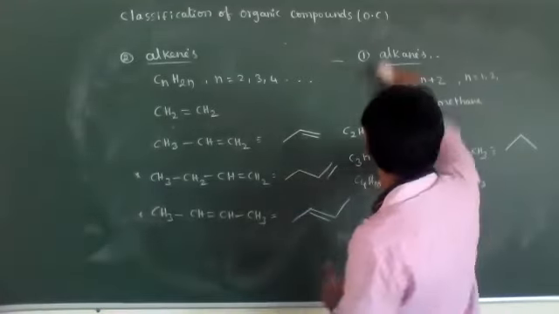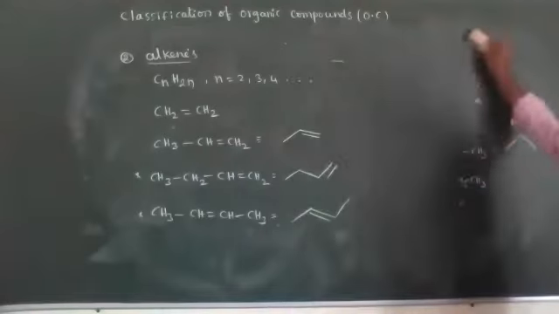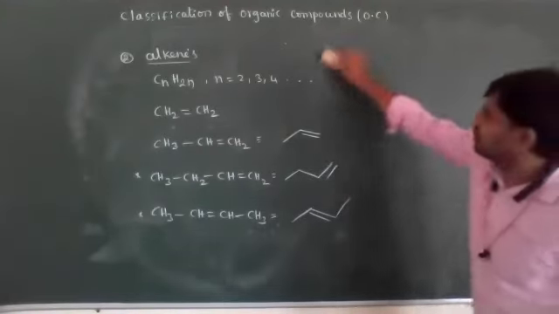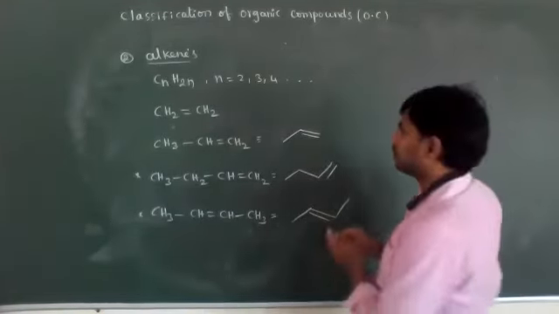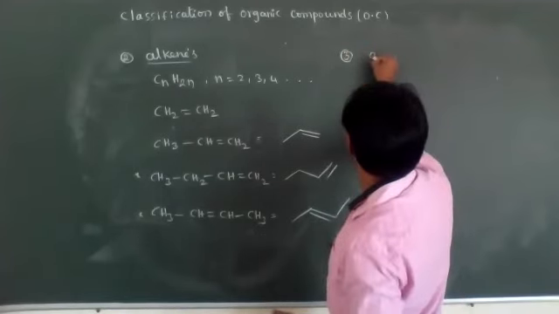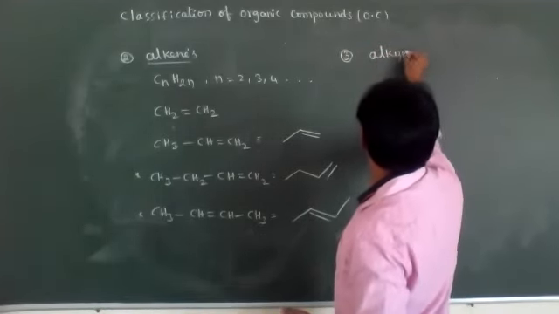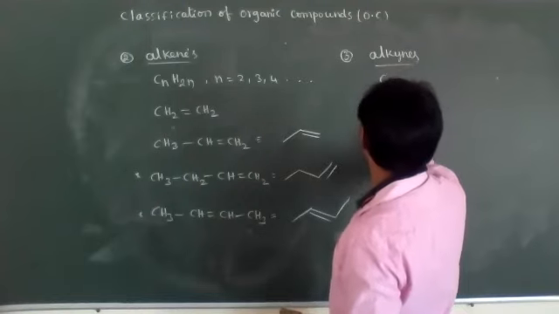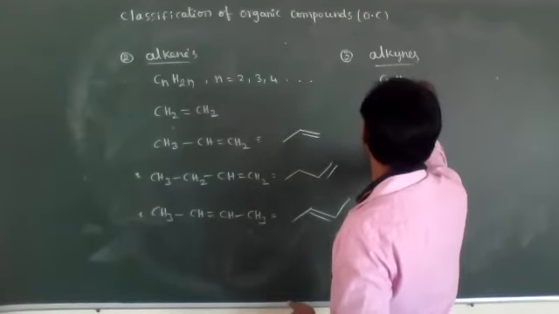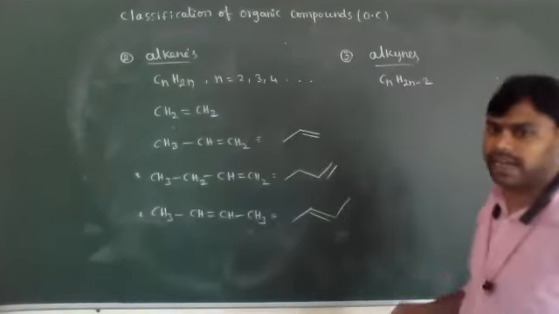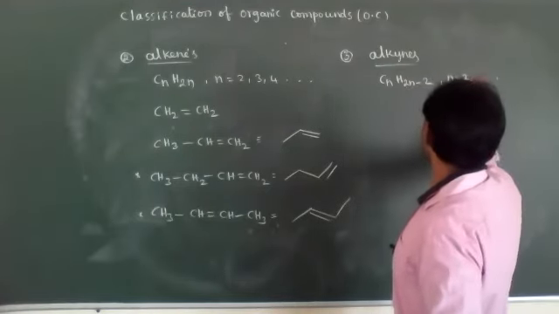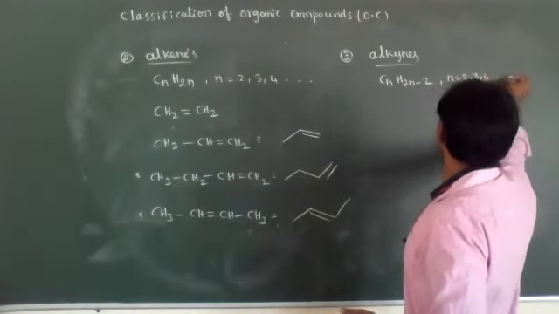Alkynes. The general formula of alkynes is CnH2n-2, where n starts from 2, 3, 4 onwards.